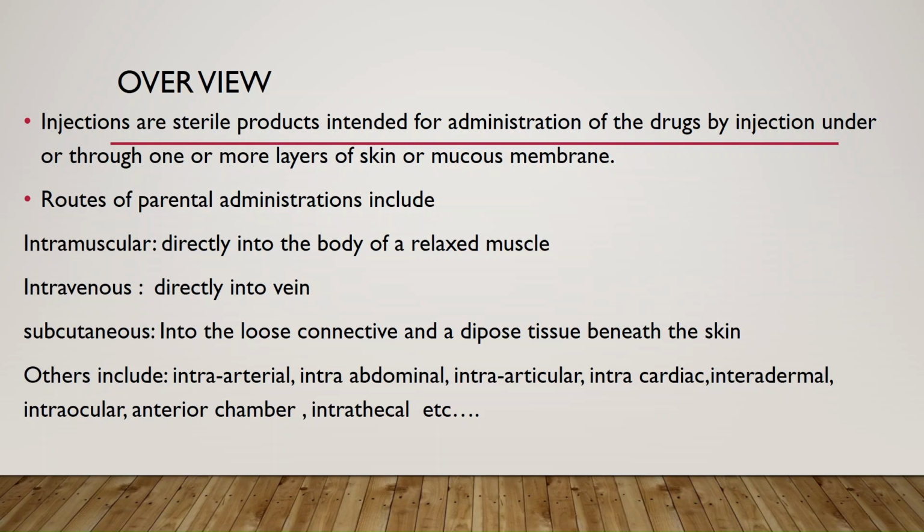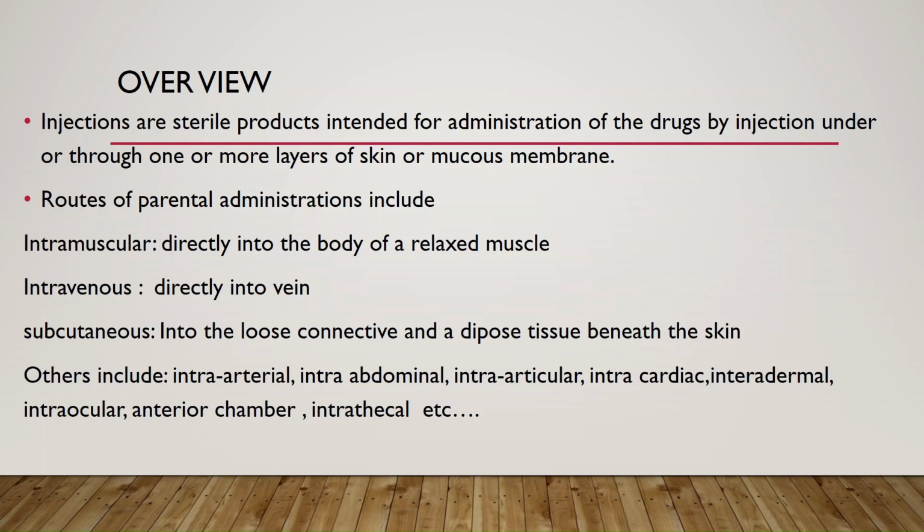So the parenteral route is also divided in a number of them. We see that one of them is intramuscular route of administration, that is directly into the body for a relaxed muscle, and then intravenous directly into the vein, and then subcutaneous into the loose connective and adipose tissue beneath the skin.